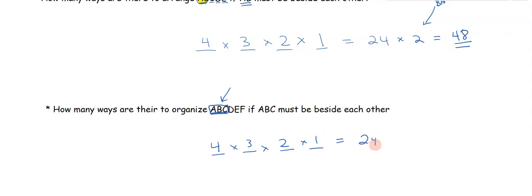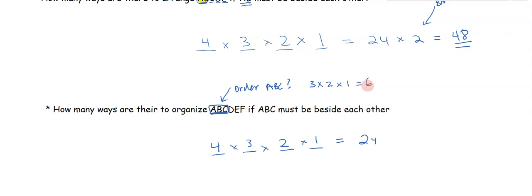But now you have to think about how many ways can you order A, B, C? Well, this time it's not just 2. You can order A, B, C by saying, well, A, there's 3 options to sit first. There's 2 options in the second seat, and then 1, or 3 factorial ways to order A, B, C, which is 6 ways, right?